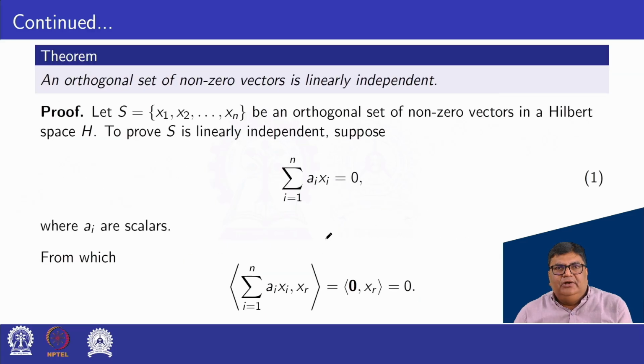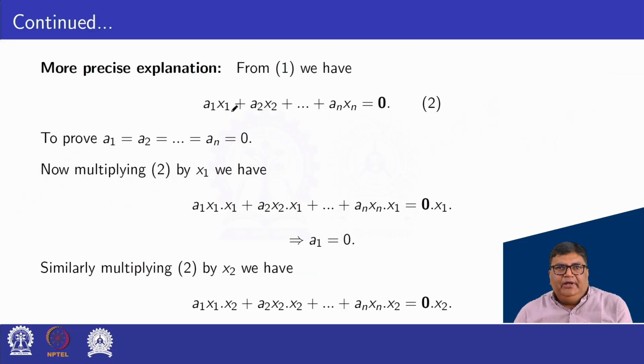From equation 1, we have a1 x1 plus a2 x2 plus and so on an xn is equal to 0. Equation 2. To prove: a1 is equal to a2 is equal to and so on an is equal to 0. Now multiplying equation 2 by x1, we have a1 x1 into x1 plus a2 x2 into x1 plus and so on an xn into x1 is equal to 0 into x1.